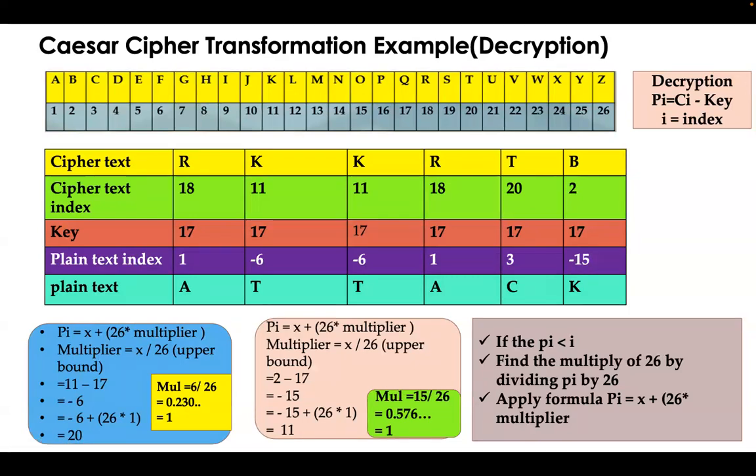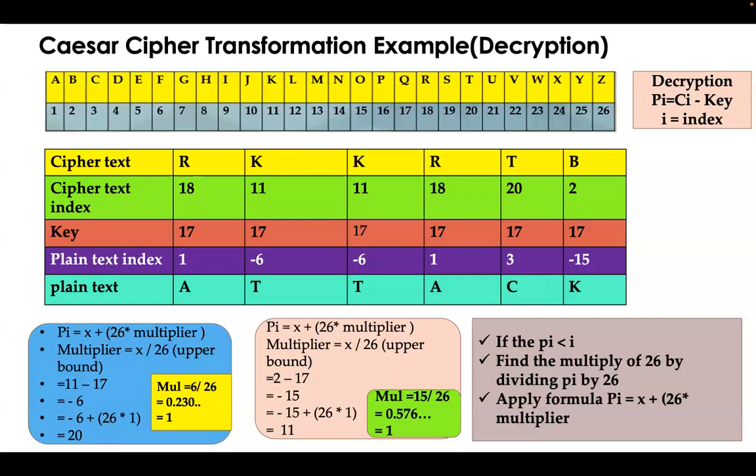Then we multiply our multiplier of 26 by 26 and add it to -15. Then we get our result as 11, and in our 11 number index, we get the alphabet K. So we write down K there, and we get our plain text again, which is ATTACK.